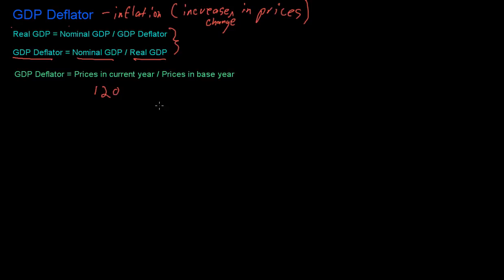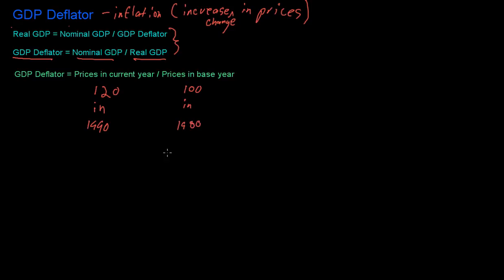And then let's say that this is 120 in 1990. And then let's say that in the base year, prices were 100. And that's normally what we do. So they were 100 in, we'll do 1980.